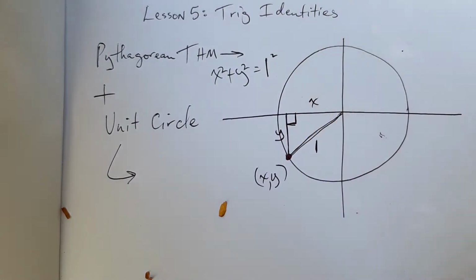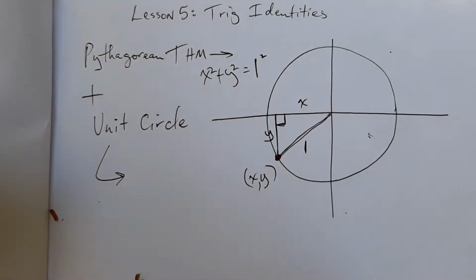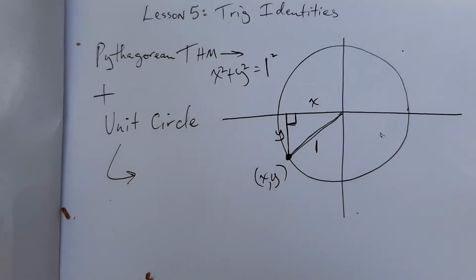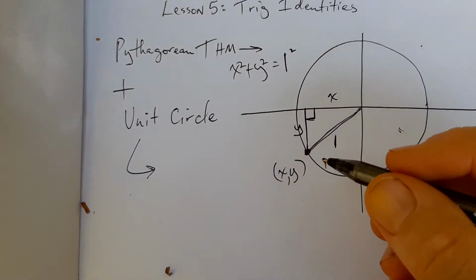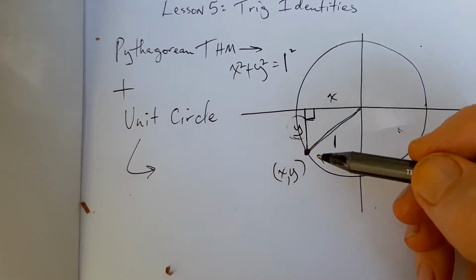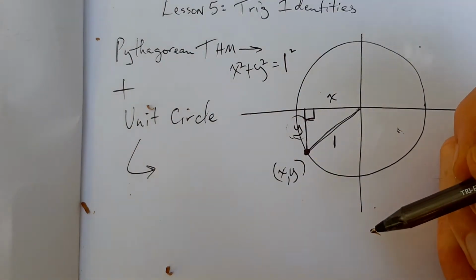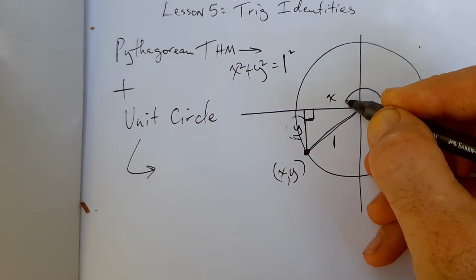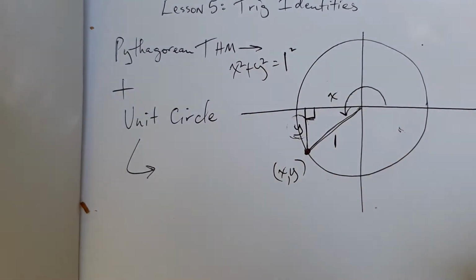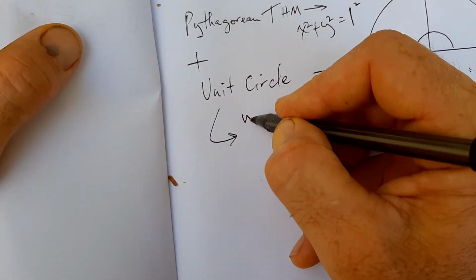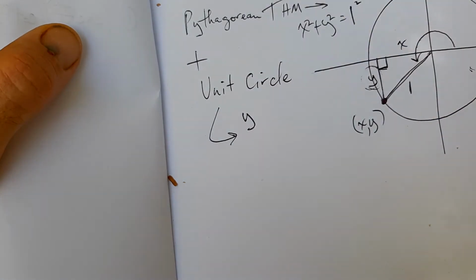Okay, and because it's the unit circle, and we know our trig identities now, we know that y is the same thing as sine of the angle, right?